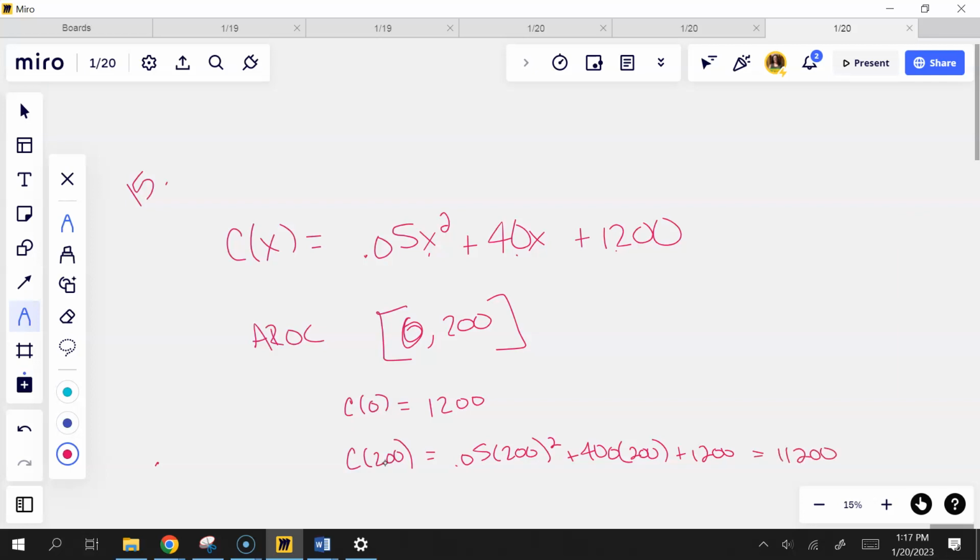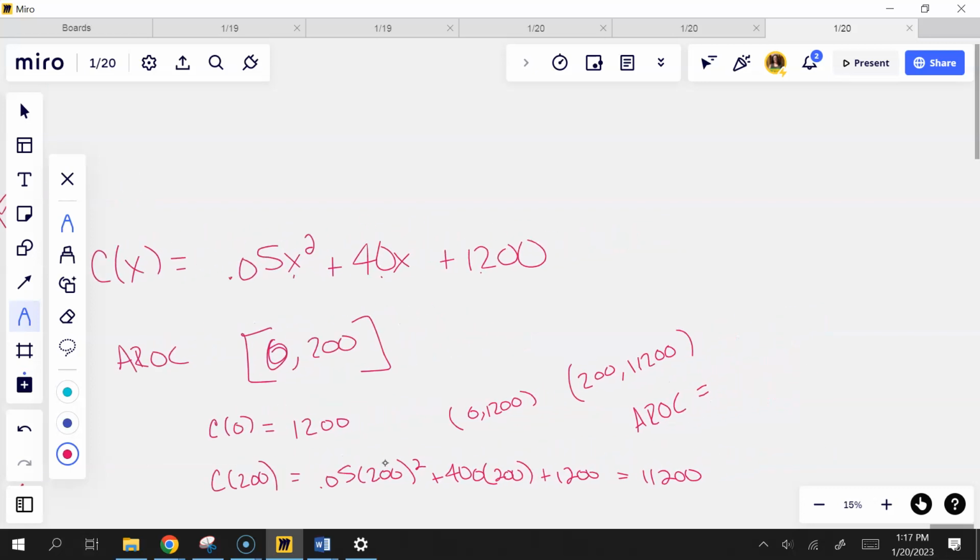So now look, you've got your two points. Your points are 0, 1200, and 200, 11,200. Find the rate of change there. That's what I'm saying.